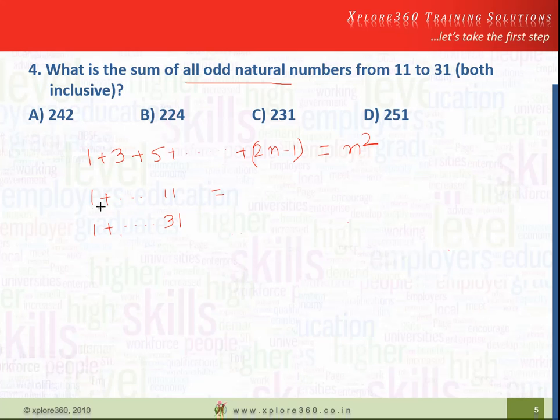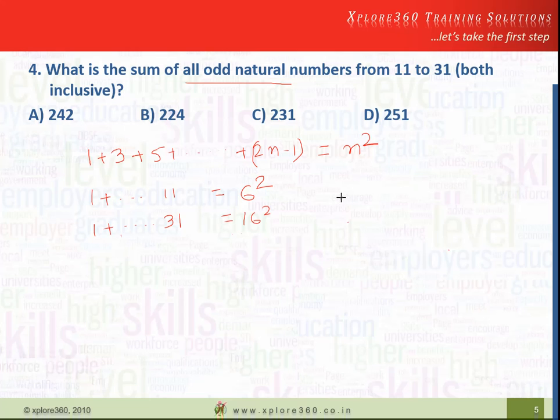Here it is going to be 1 to 11: 1, 3, 5, 7, 9, 11, 6 odd numbers, so 6 squared. And here it is going to be 31, so 16 squared. Straight away from here you get 16 into 2, 32, minus 1, 31. So n equals 16, right? So we have to subtract 16 square minus 6 square.